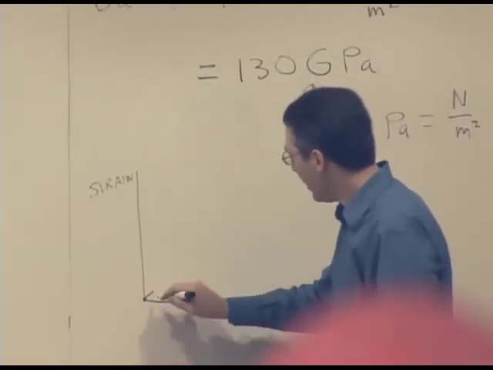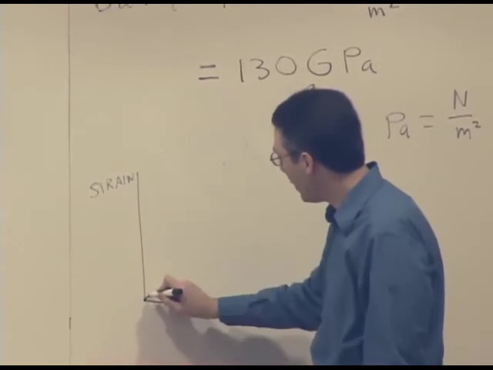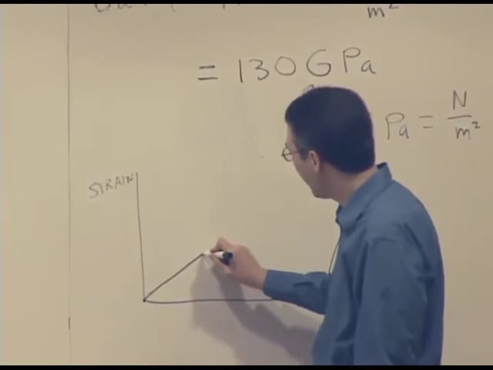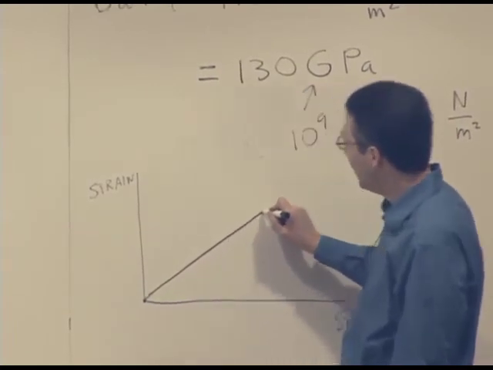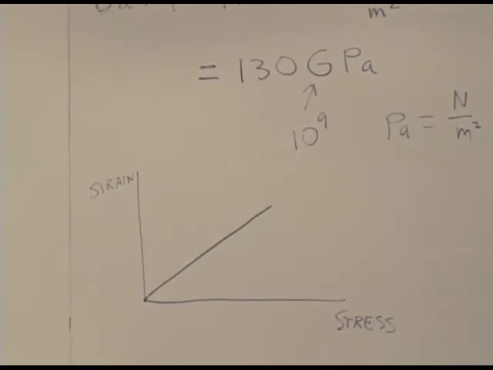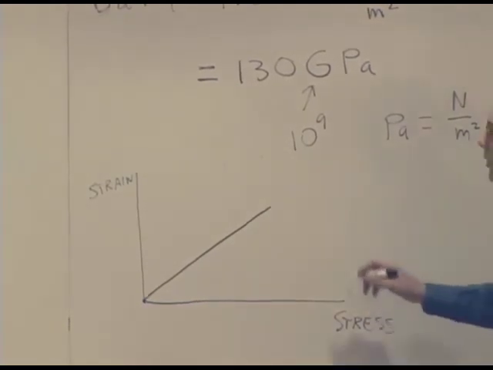I'm piling more and more weight at the end of the wire, and the strain goes up, but the slope should be a constant, right? And the slope is telling us the relationship between stress and strain. So that's telling us something about Young's modulus.